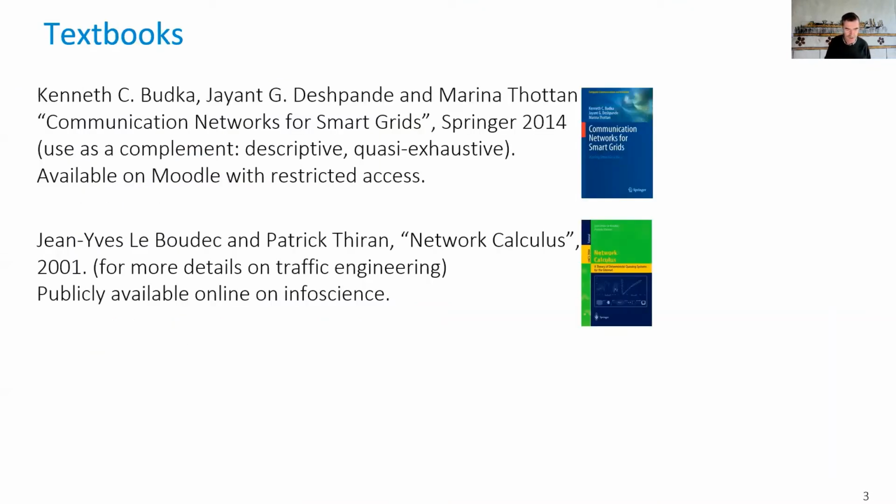Some technical information. There is one textbook that is available on Moodle. It's called Communication Networks for Smart Grids. It is a very descriptive and quasi-exhaustive set of all the communication parts that exist for the smart grid. It's not very exciting because most of it is describing the technology and the names of the technology used in different settings.